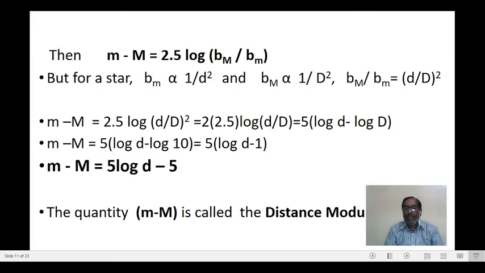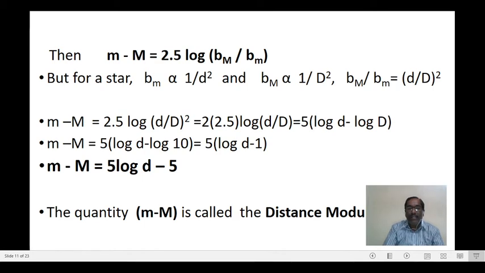Substituting the value of capital D, m minus M equals 5 (log d minus log 10). We know the value of log 10 to base 10 is 1. So m minus M equals 5 log d minus 5. This is the expression which connects apparent magnitude, absolute magnitude, and distance of the star in parsec.